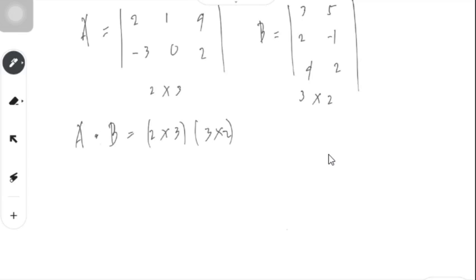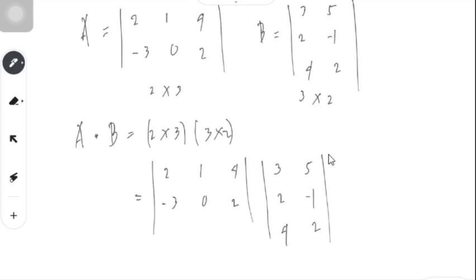And what will be the result? So, we have here 2, 1, and 4. Then negative 3, 0, and 2. Then the second matrix, the post-multiplier, we have here 3 and 5, 2, negative 1, 4, and 2. What is the order of the resulting product? Pareho yung number of columns ng first matrix, pre-multiplier, is equal to the number of rows of the post-multiplier.